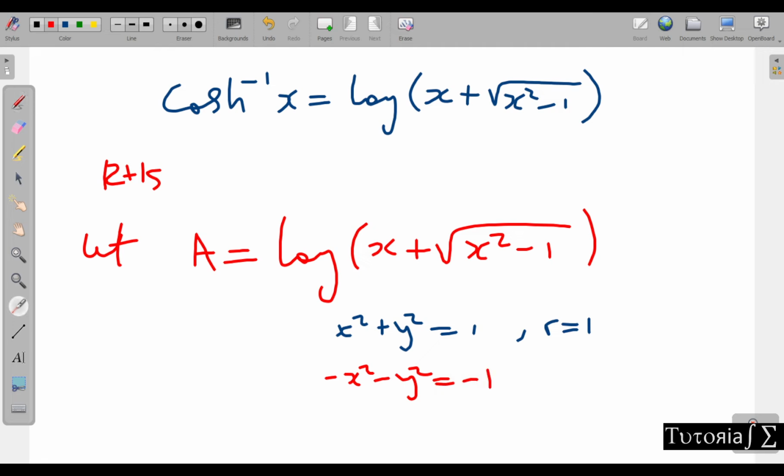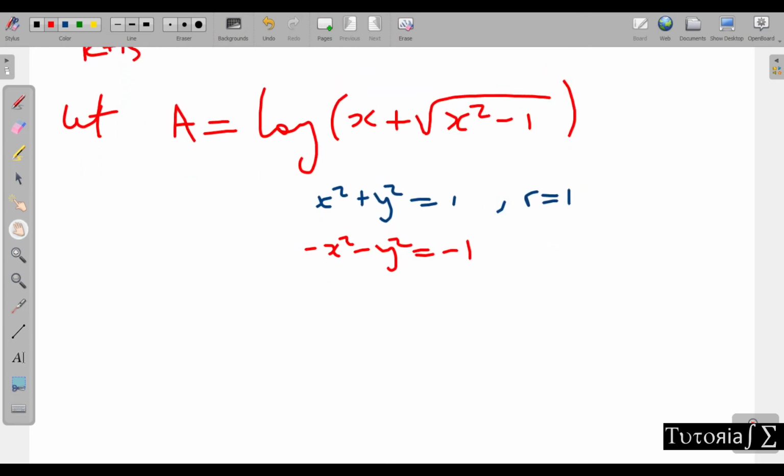When we make y the subject of the formula, then what are we going to have? Negative y squared is equal to x squared minus 1, which is this part that is here. Are you seeing that? So simply, wherever there is this, we can replace with that.